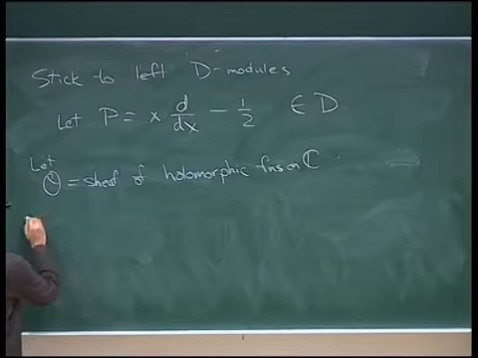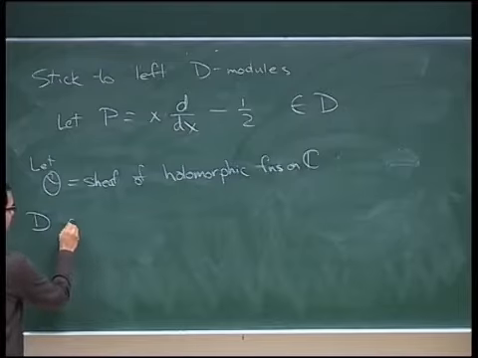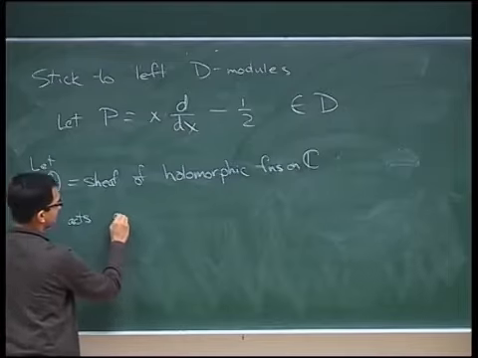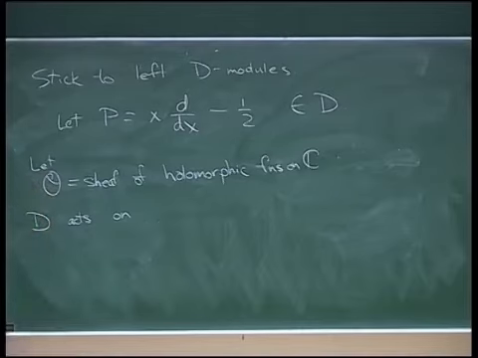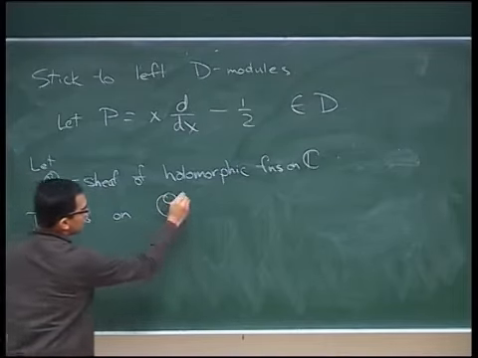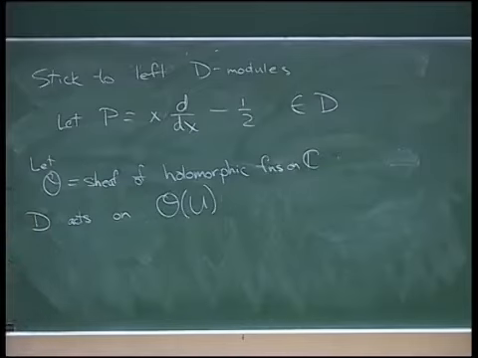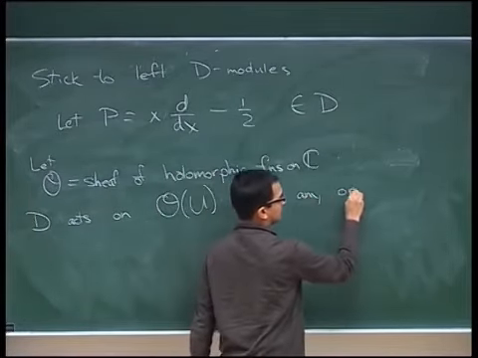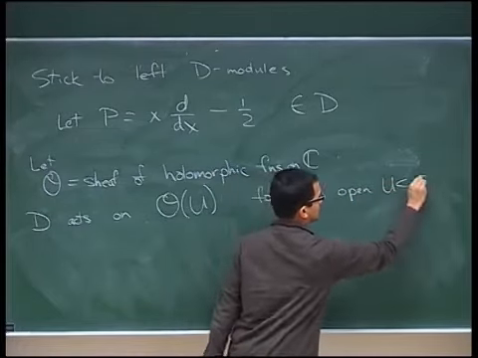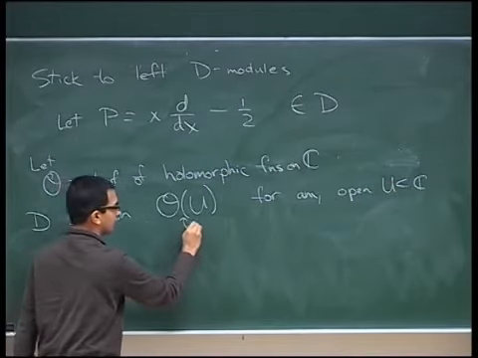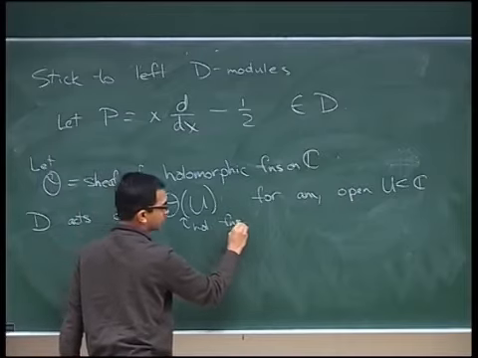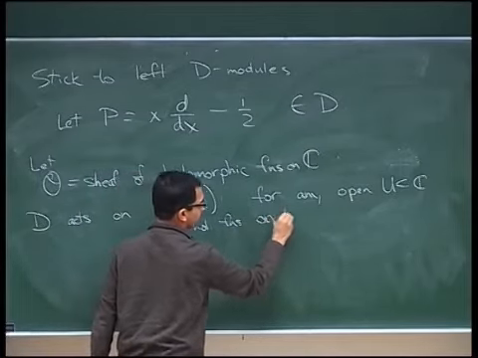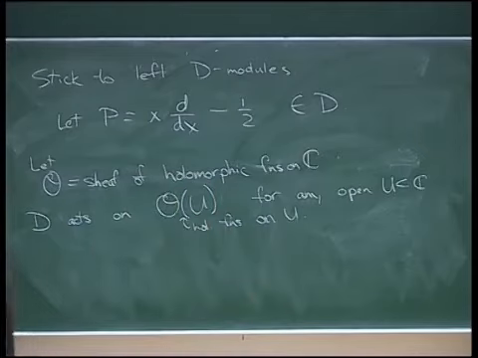And then D acts on O of U for any open set U. So O of U just means the holomorphic functions on U. So of course, you can take a function and multiply by x, and you can take its derivative.